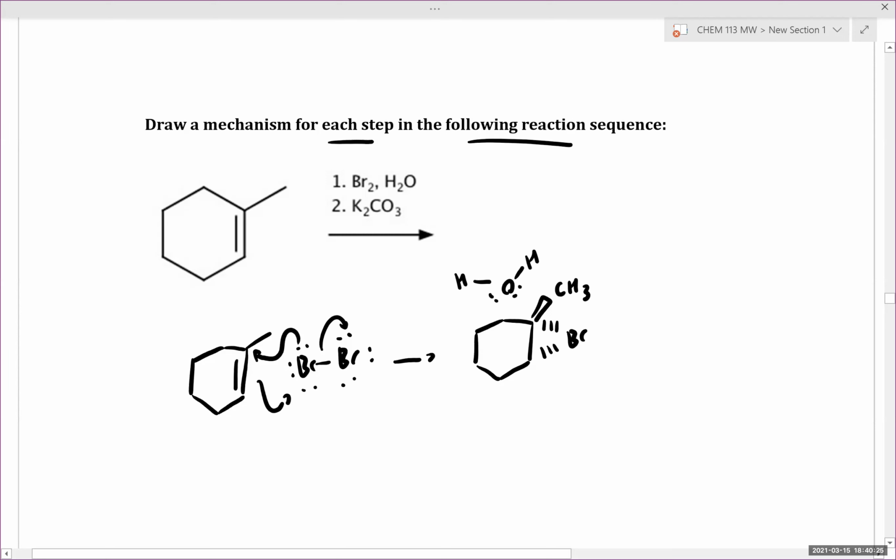So where is water going to attack? What is the regiochemistry and stereochemistry? Will we attack at carbon A or B?